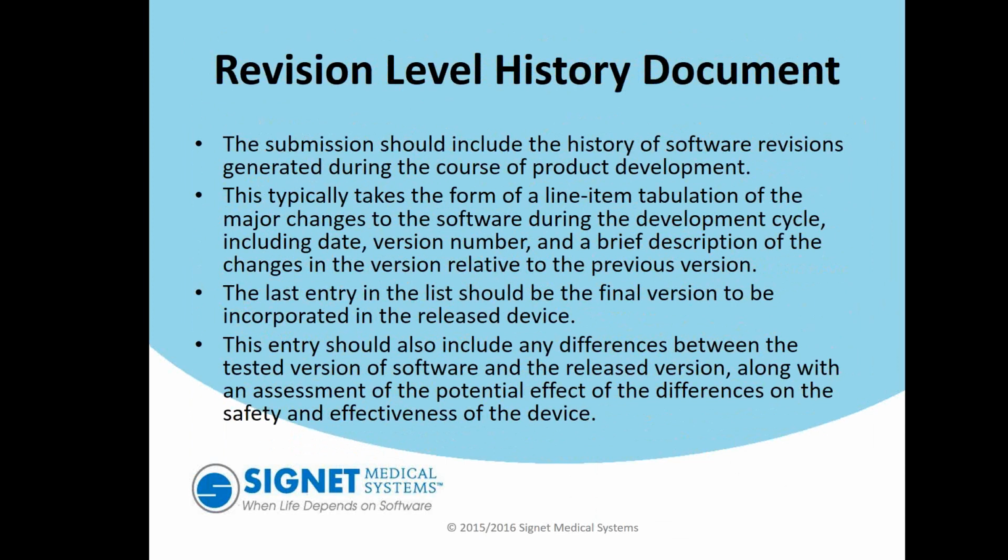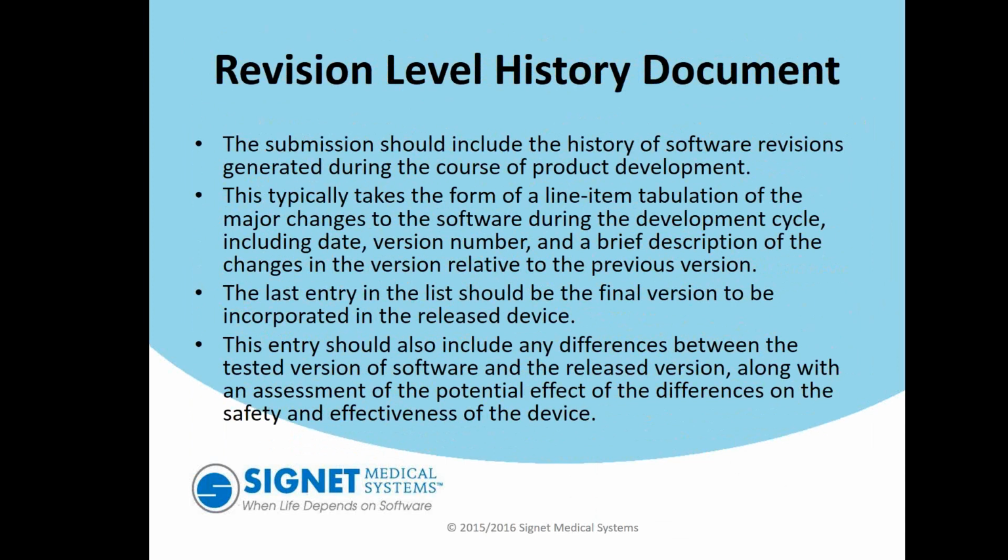So you're going to have version 1.0, 2.0, 3.0, and here's where you document what changes you're making, so that the FDA knows how you've moved forward in developing your software. And the last entry in the list should be the final version to be incorporated in the released device.